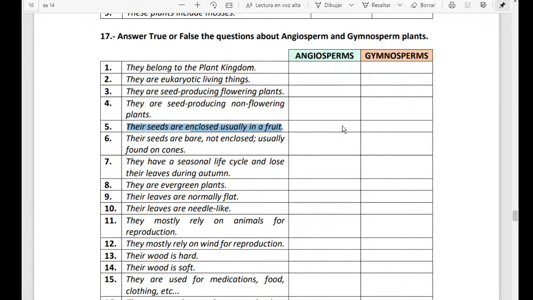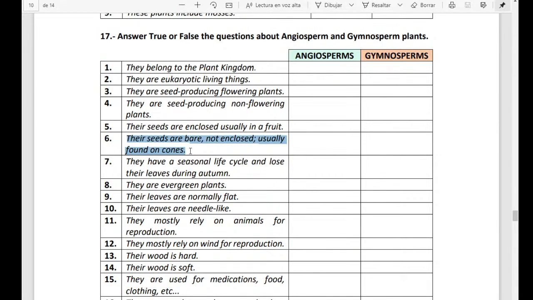You can put an A or a G. A, okay? Angiosperms. Angiosperms are apple. Gymnosperms are pine trees. Remember that.